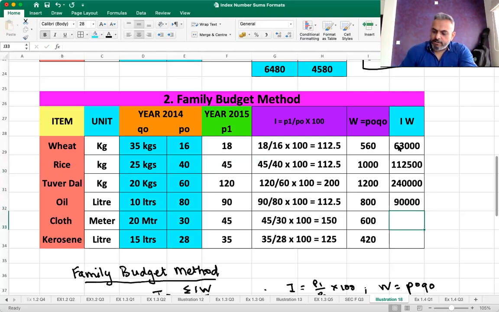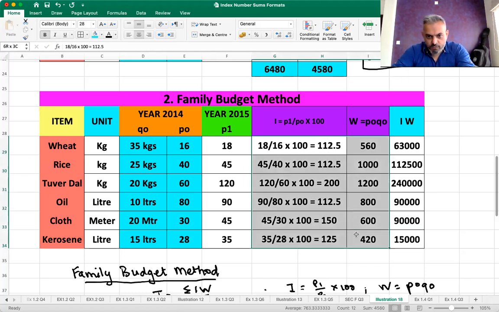Then 600 into 150, 90,000. And 420 into 125, 52,500. So we multiplied these two.